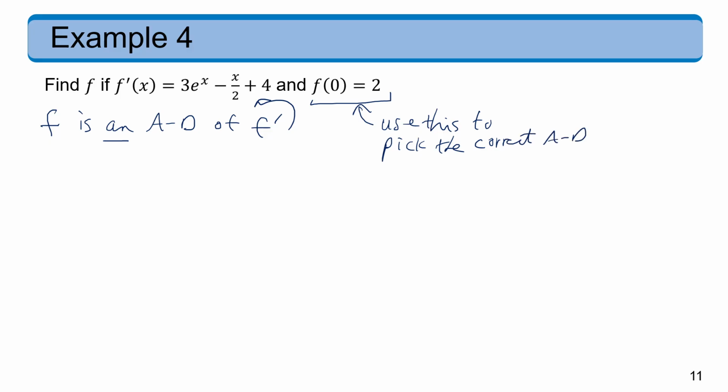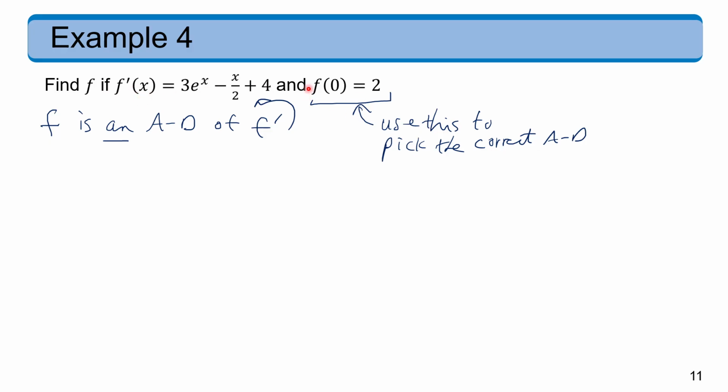So before we solve this, I just want to mention that the equation we were given here for f prime is an example of a differential equation. A differential equation means you have an equation, so you have an equal sign, and somewhere in the equation there's a derivative. And notice here we see f prime, there's our derivative.